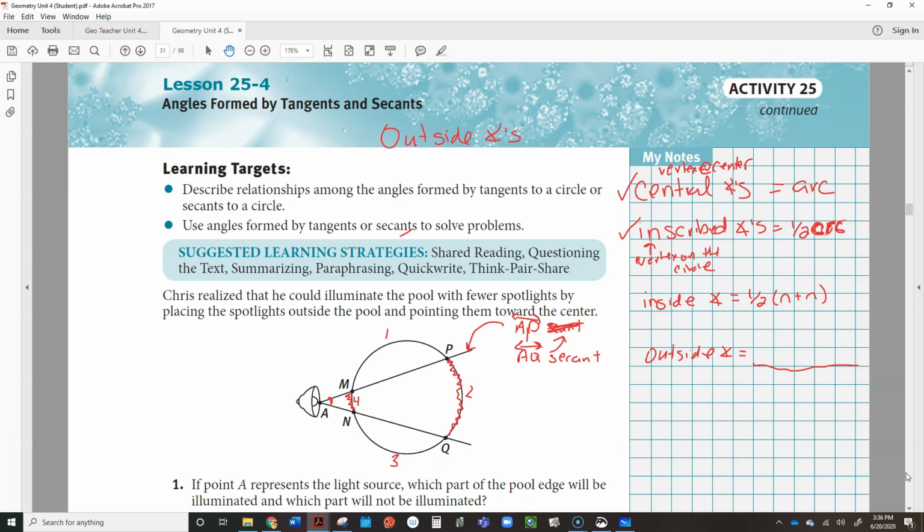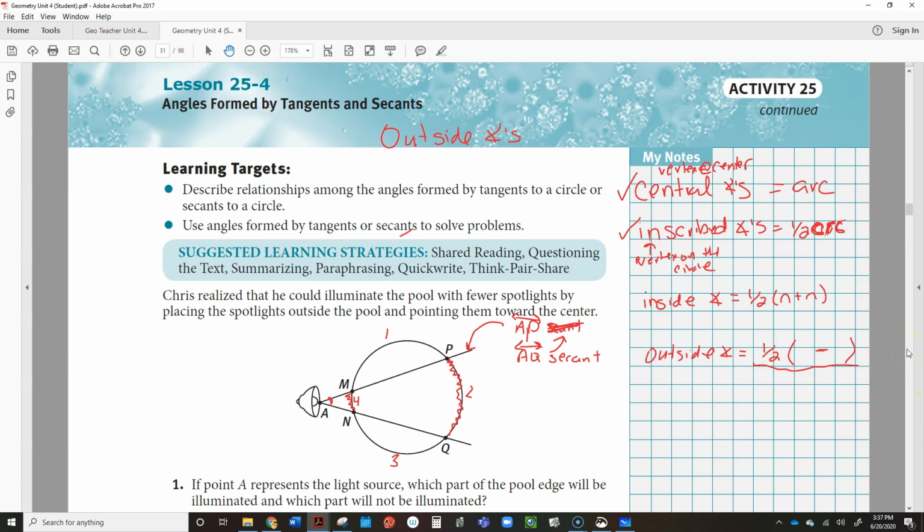In all cases of a secant intersecting, you're going to have a big arc and a little arc. That's important because that's part of my formula. So when you want to find the measure of an outside angle, it's going to be half again. But this time it's not going to be a sum, it's going to be a difference. We're going to be subtracting two things. And since we're looking for a measurement, we want this value to always be positive.